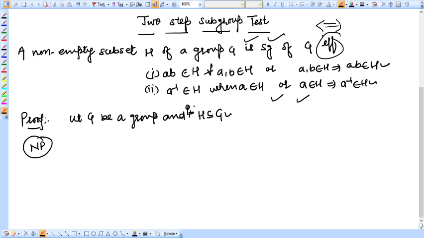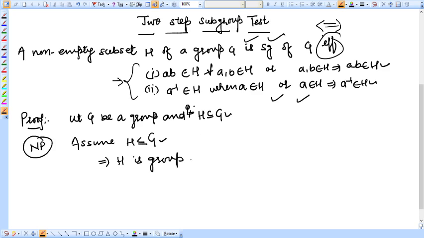Okay, so in the necessary part, assume that H is a subgroup of G. What we are going to prove is that if H is a subgroup, then these two conditions are satisfied. So if H is a subgroup of G, this implies H is a group in itself. By definition, obviously H is a group in itself. Since H is a group in itself, it satisfies all four properties of a group, right?